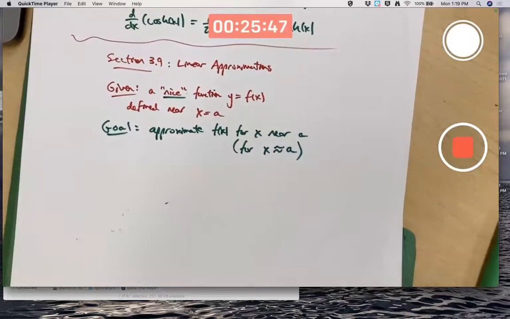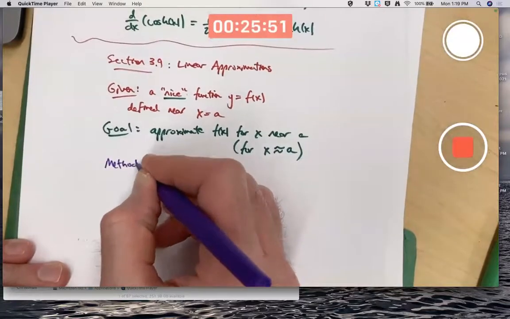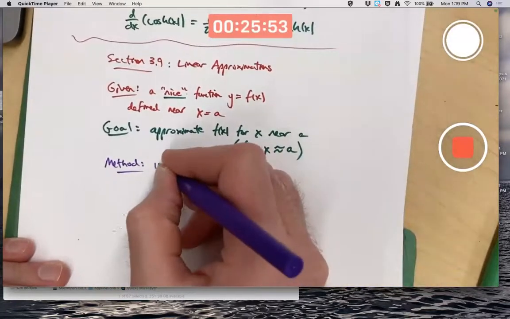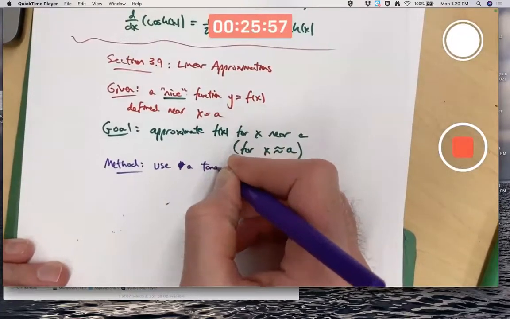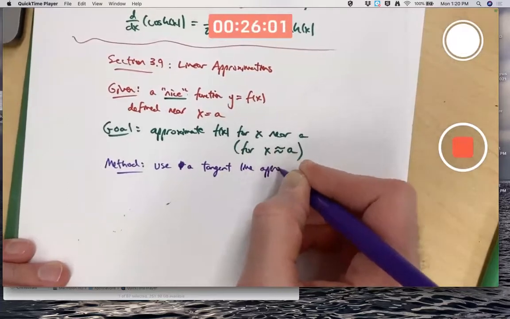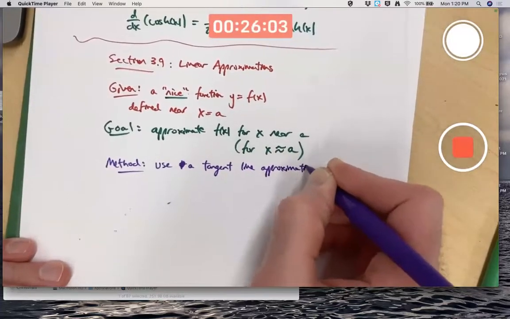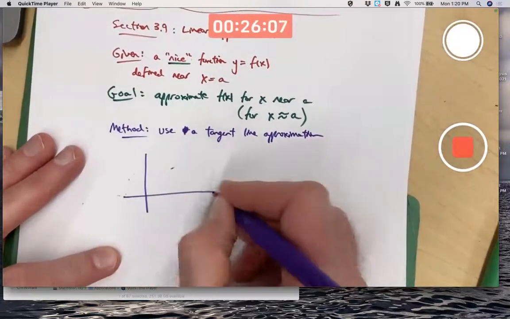How? Method: use a tangent line approximation. Think about a graph here.